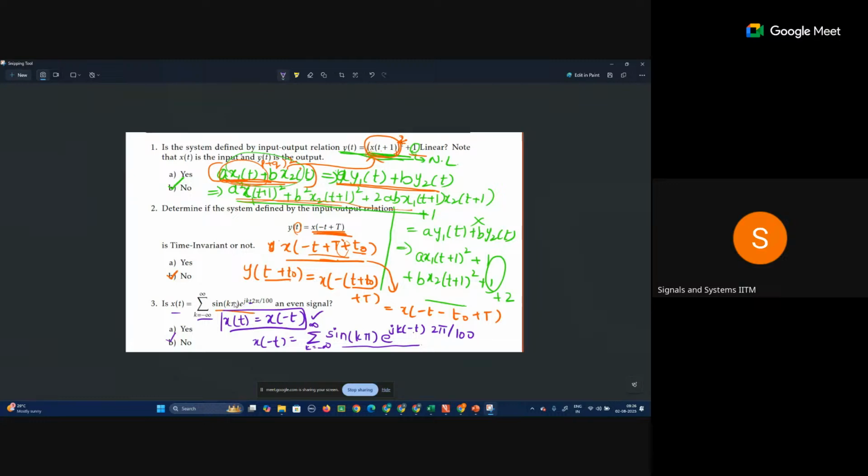So if we substitute values of k, it will be 0, because k takes only integral values. Okay, I got it. So completely it will be 0. Then it will be even. Am I right? Yes, ma'am.